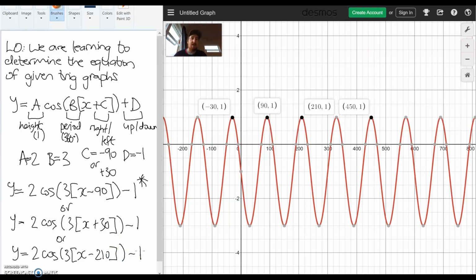You'll find there are many variations. It could have been moved to that 330, that 450, or that 150. All of those are potential answers, but we normally focus on the answers within the range of 0 to 360 degrees. Hopefully that makes sense.